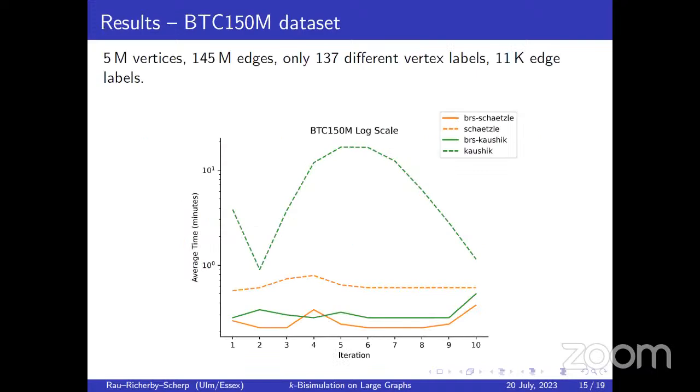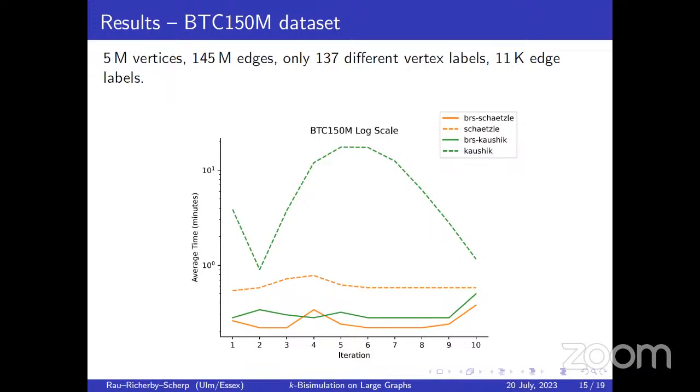So this is the running time of our algorithm. We're going to compute 10-bisimulation, which requires 10 iterations. These are the times per iteration for the various algorithms. The dotted lines are the original algorithms, the solid lines are our version.